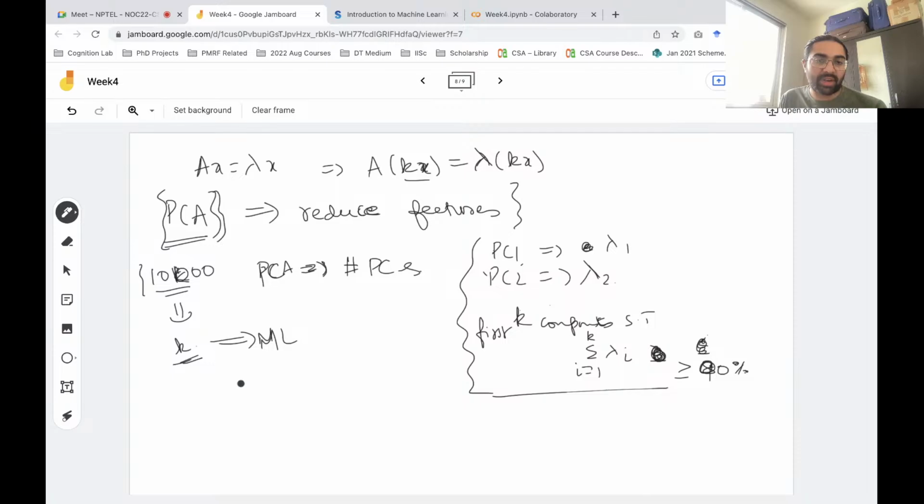So you break it down into 2 or 3 and then look at how the data is getting distributed in that particular space. It's a PC space basically, right? And then look at the data here, and this can sometimes give you good insights as to how the data is, and whether there is some sort of separability or not, and stuff like that. So that's one way of using PCA.